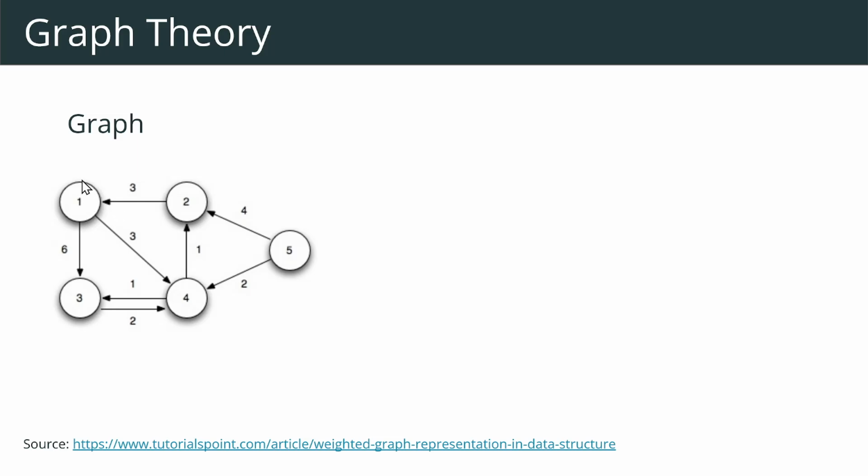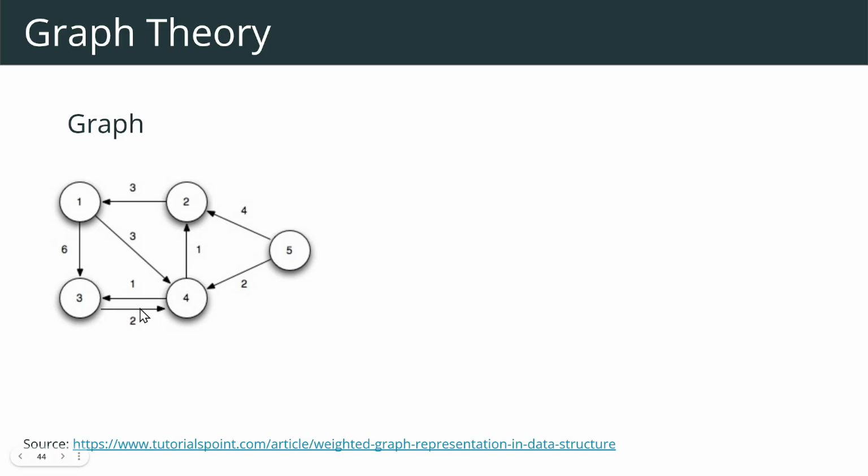So imagine this as city 1, city 2, 3, and 4, and then these arrows are representing roads. They are one direction. So sometimes you can have two directions, like over here, between city 3 and 4. There's two different directions.